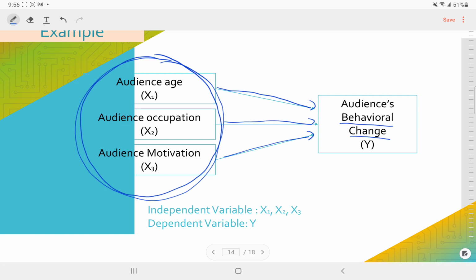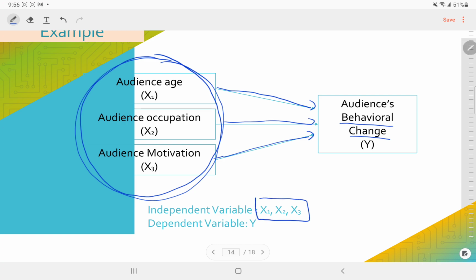And sometimes you can also have more than 3 variables. Once again, it depends on your research, and you should read as many journal articles and books as possible, and also have the PRA survey to decide what your factors are.